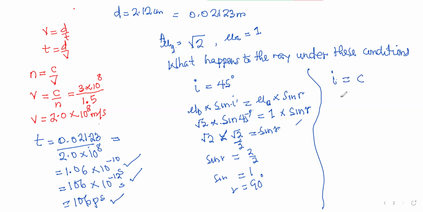So the critical angle of the glass is 45 degrees, equal to the angle of incidence. And we learned that when the angle of incidence is equal to the critical angle, the angle of refraction will be equal to 90 degrees. So under this condition, the refracted ray will be on the boundary between glass and air. That is the answer.